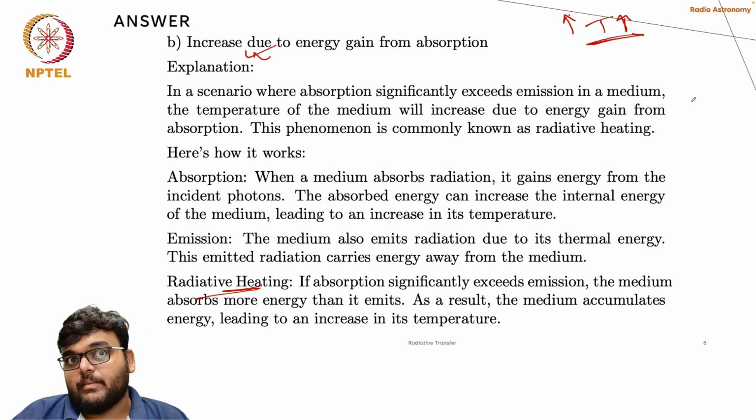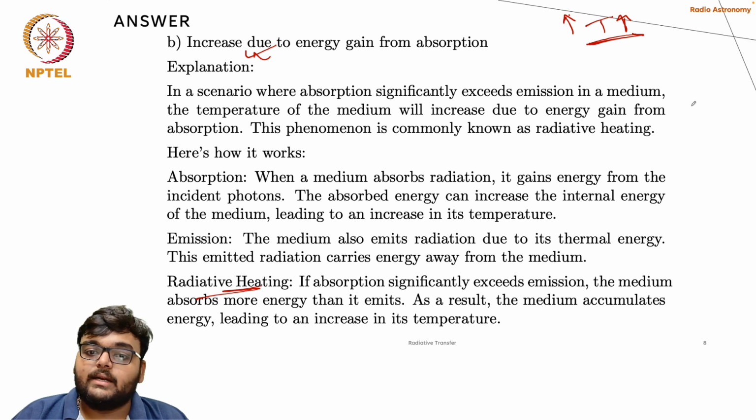For example, if you go out on a sunny day, you will feel more heat on your skin. That is because you are absorbing photons emitted by the sun. Your environment is also getting heated up because of other phenomena, but one reason is that your body is absorbing the IR radiation.